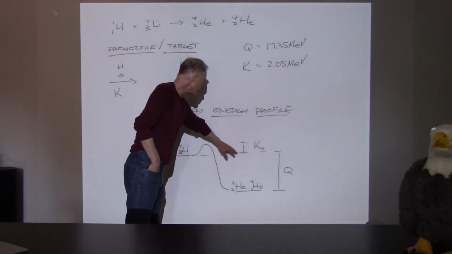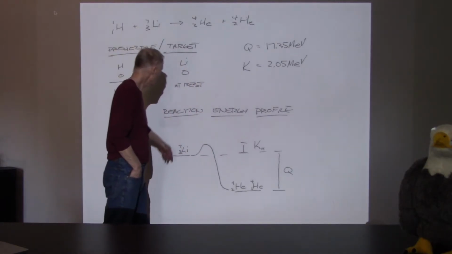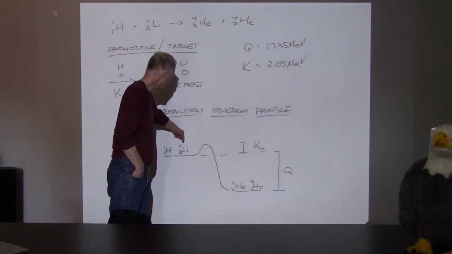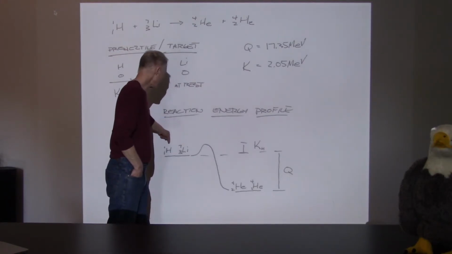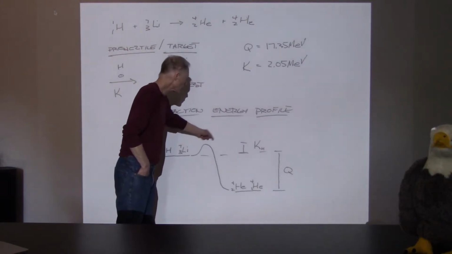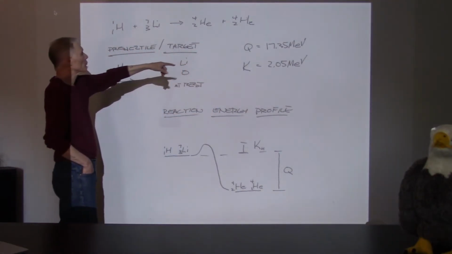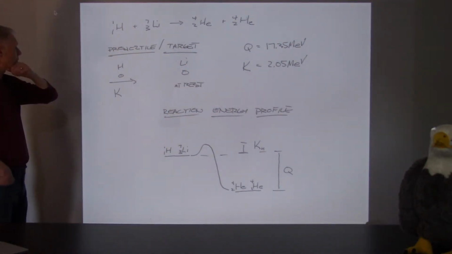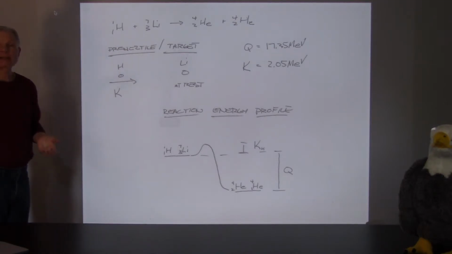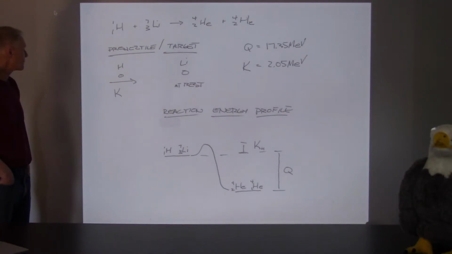Here is the kinetic energy of the hydrogen coming in. So assuming the lithium is at rest, and all the kinetic energy coming in is with the hydrogen, we're going to have that 2.05 MeV barrier, kinetic energy barrier that we're going to need to get past in order to have this reaction take place.